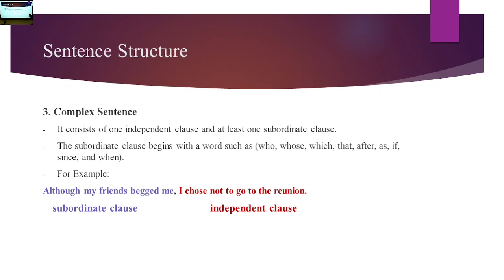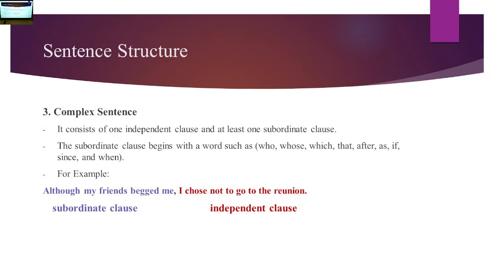A complex sentence consists of one independent clause and at least one subordinate clause. Now the subordinate clause, as you know, begins with words like who, whose, which, that, after, as, if, since, and when.